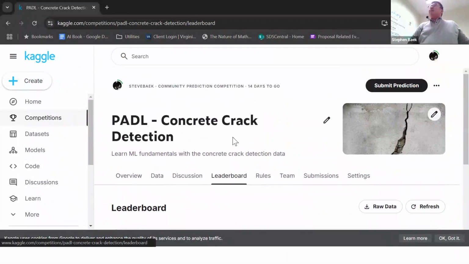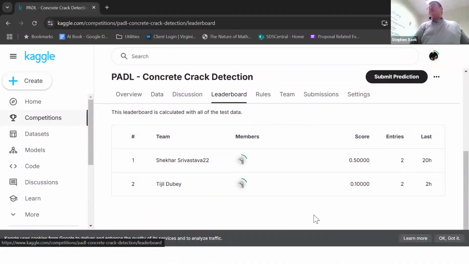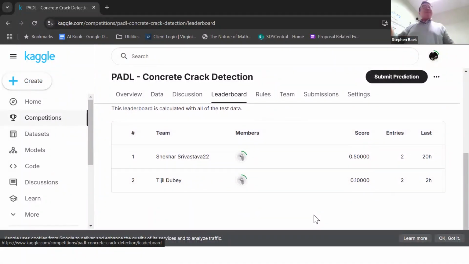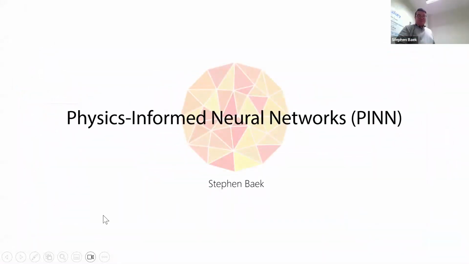Okay, let's look at the leaderboard. All right. We have 0.5, 0.1. 0.5 is the lowest you can score. So I guess we're still waiting for people to make submissions. All right.